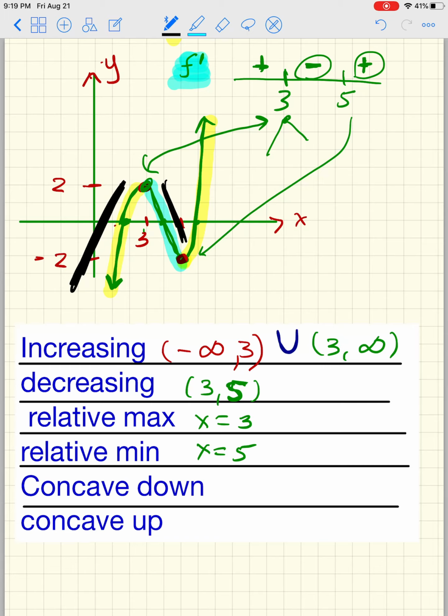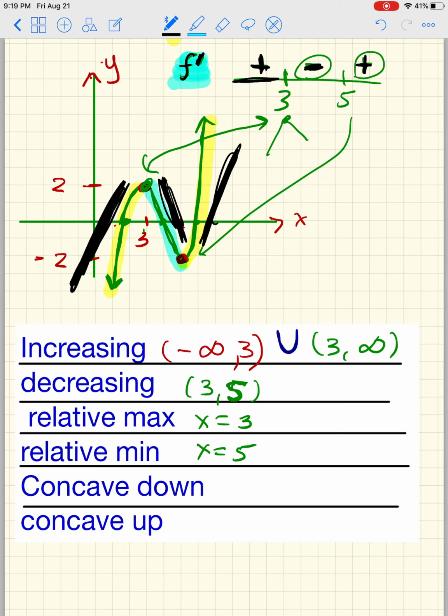This is a negative slope. This is a positive slope. And that's why I call this f prime, and that's why I say, hey, it's positive up to 3, negative in between 3 and 5, and then positive at 5. So we're looking at these slopes, okay?